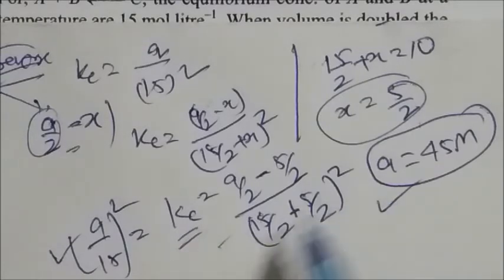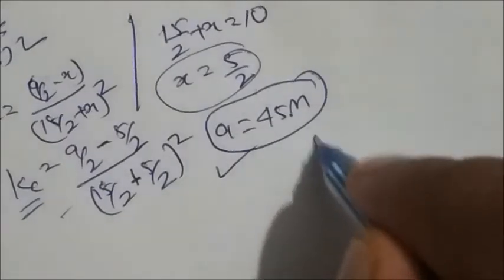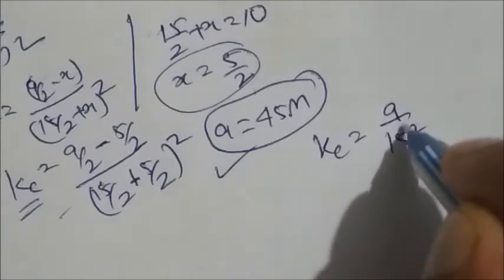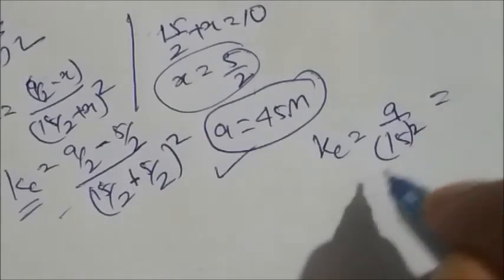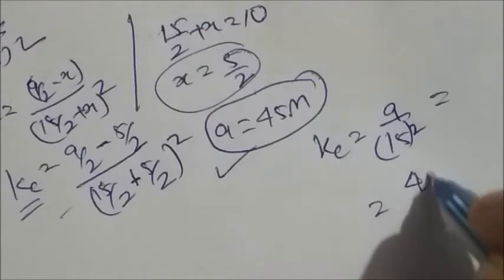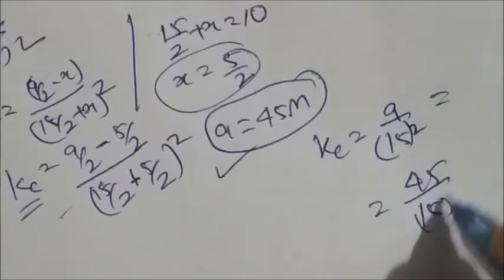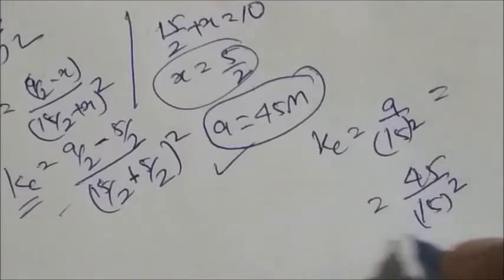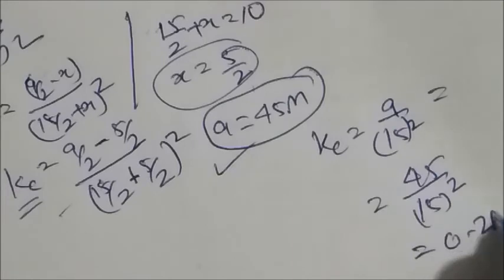So this is the calculation. And what is the value of Kc? Kc is equal to A by 15 whole square, where A is 45, so 45 divided by 15 whole square, and on solving you will get this value as 0.2 molarity.